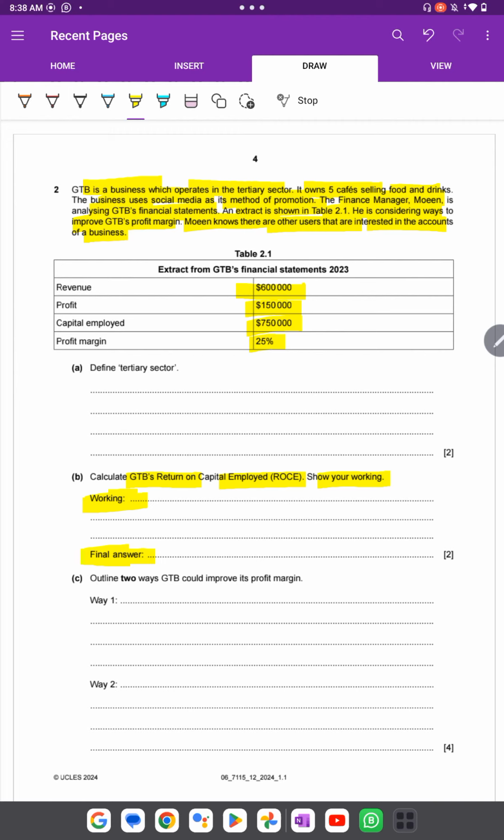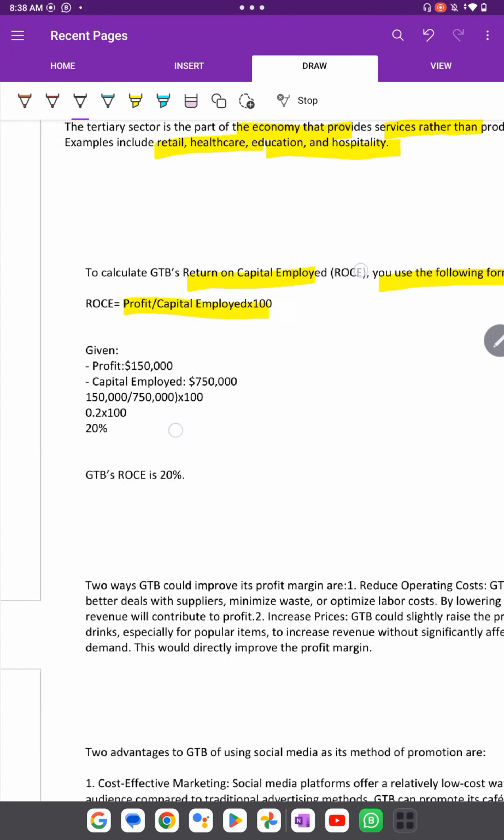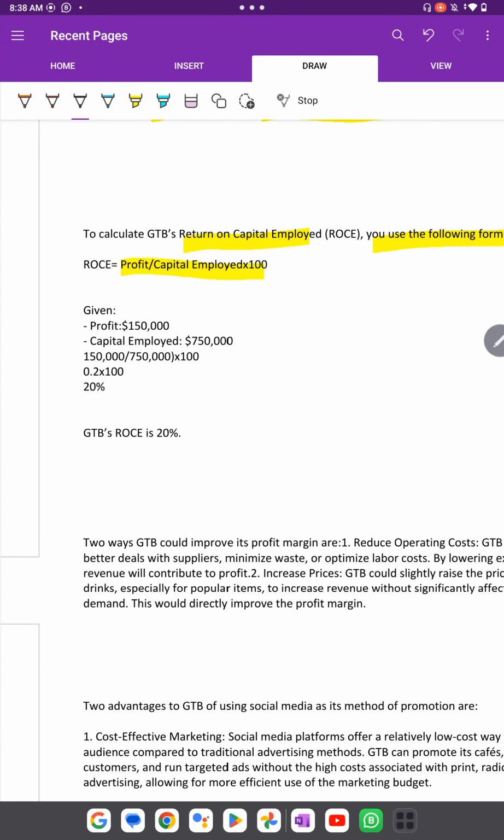The profit is 150,000, which is written here, and this is our capital employed. So you just need to multiply the 150,000 by 100 and divide it by 750, which is the capital employed. So this is 0.2 multiplied by 100, which is 20%. So GTB's return on capital employed is 20%.